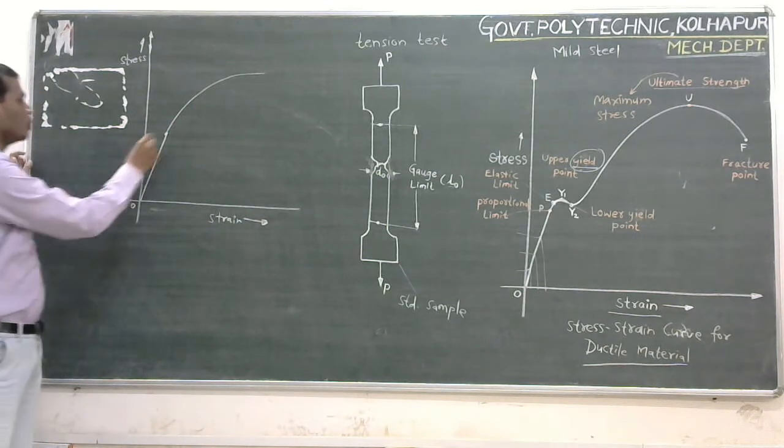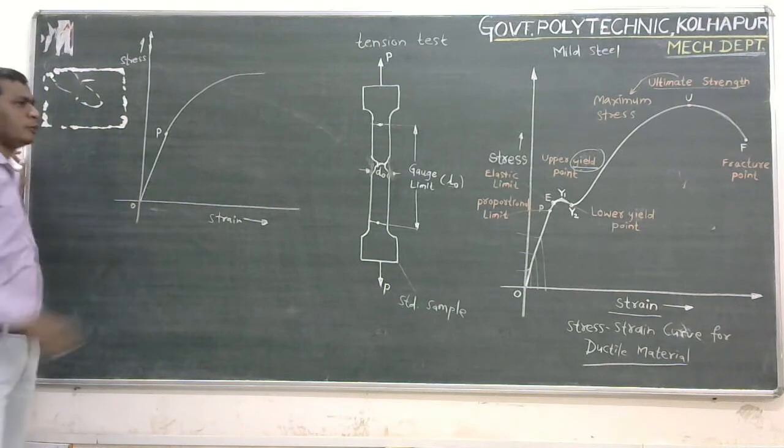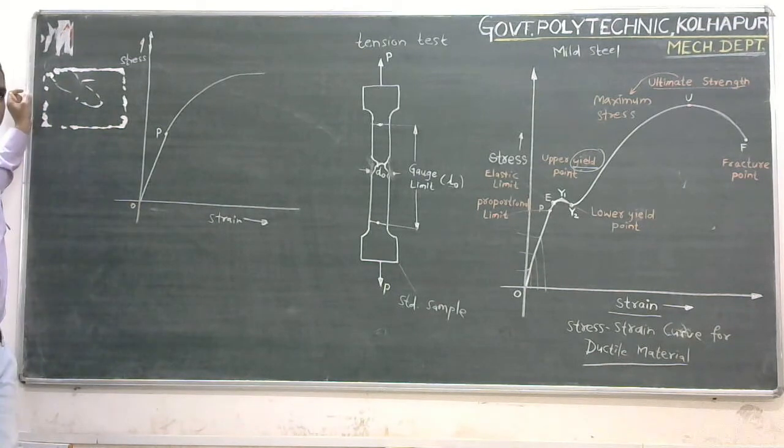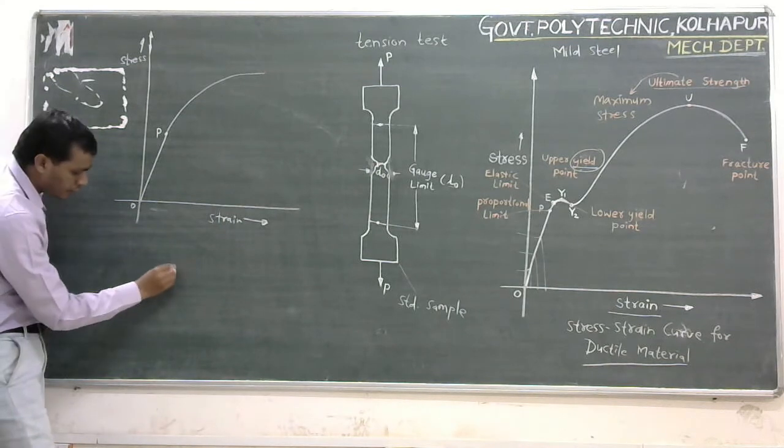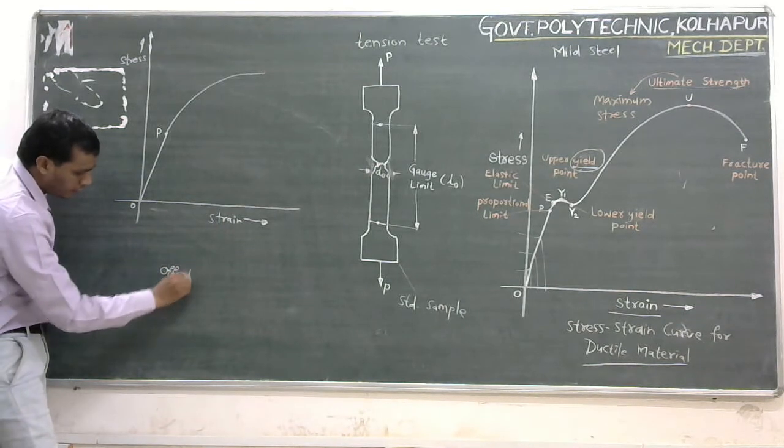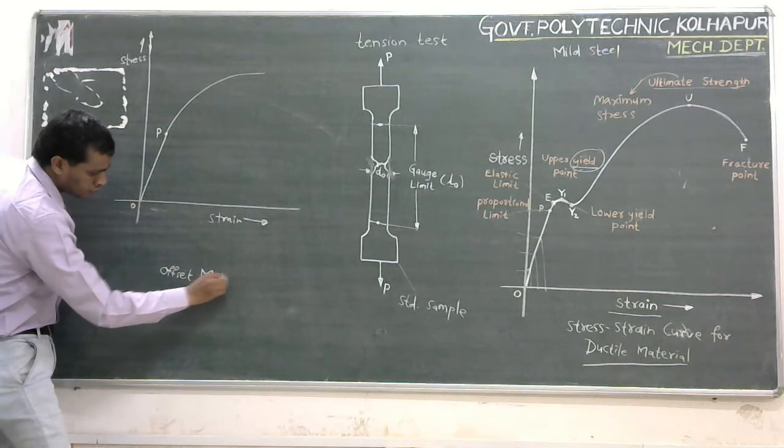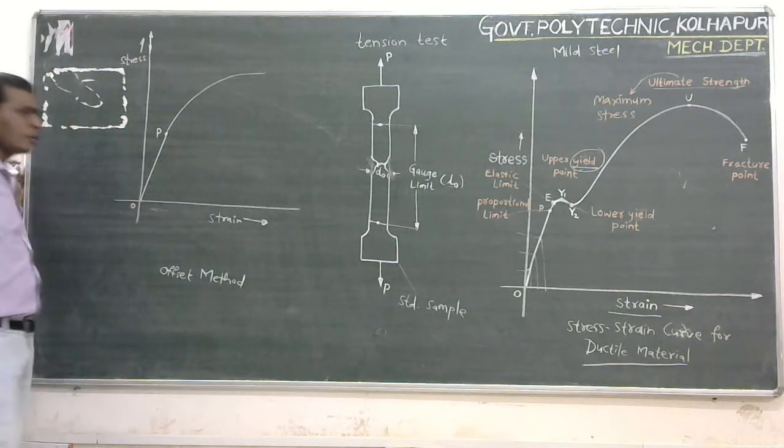So how to identify that yield point? Because we need yield strength for design purposes. For that there is one method which is called the offset method.